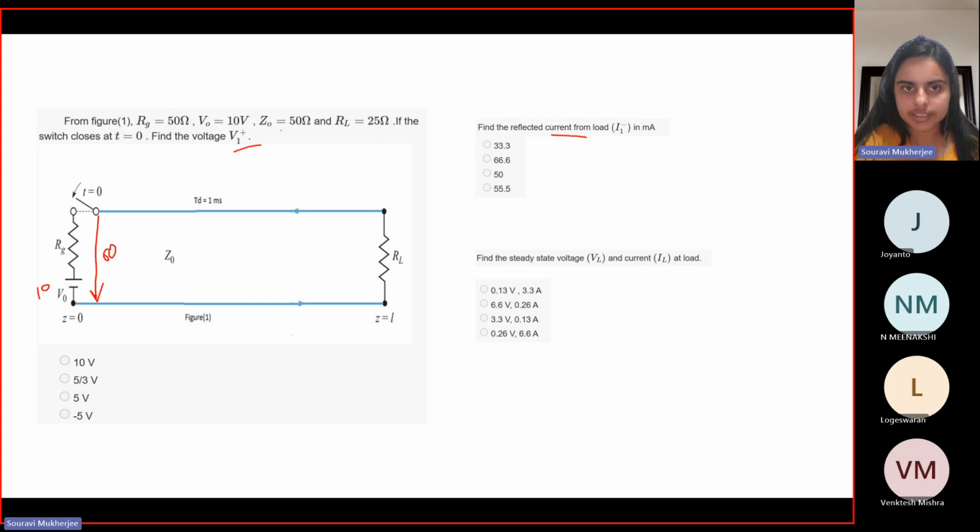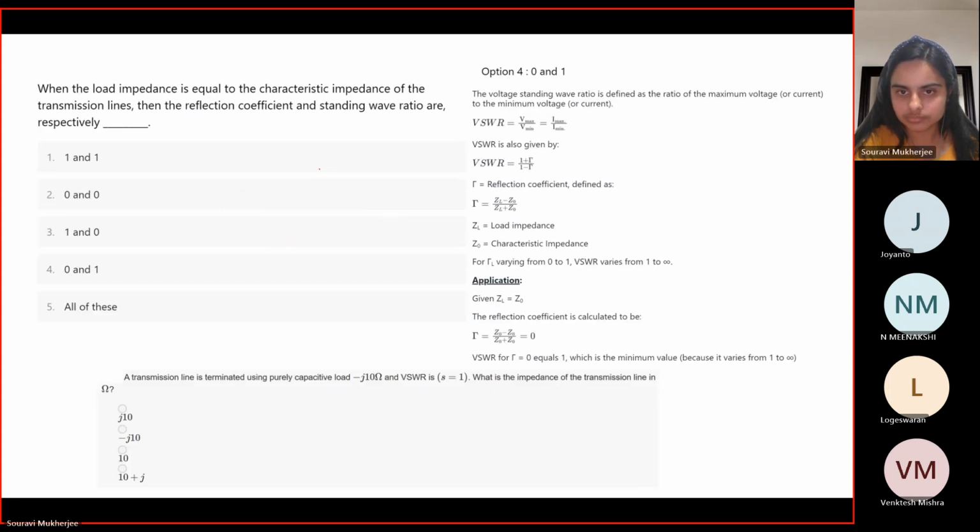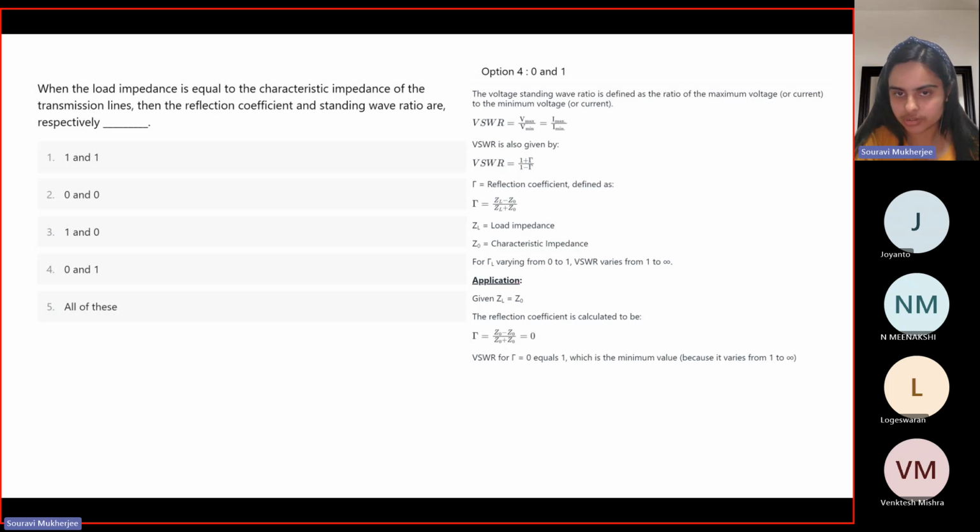You know Z naught, you know RL, so you can find the reflection coefficient using this relation: ZL minus Z naught by ZL plus Z naught.